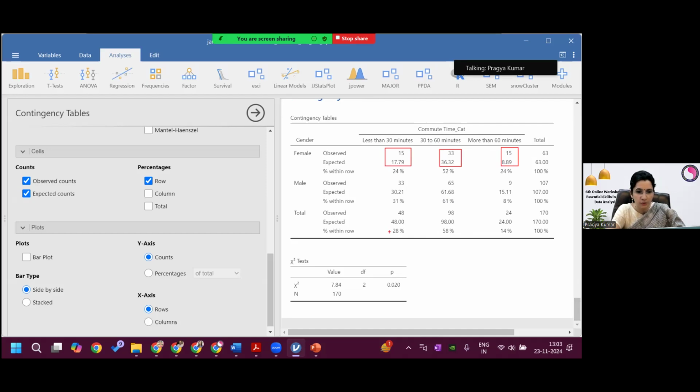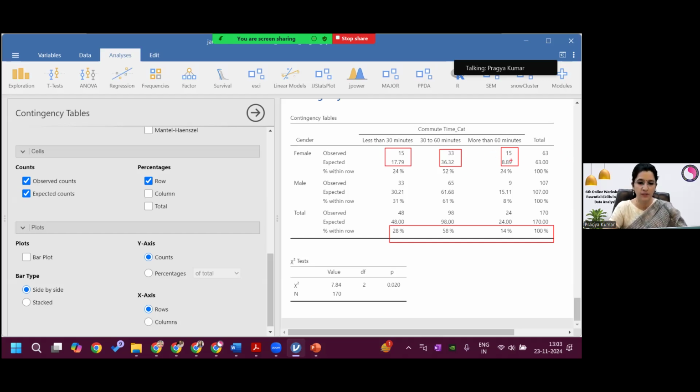And you can apply the same proportion. Let me ask you people: this was the overall proportion, so can you calculate 14% of this 63? All of you please calculate 14% of 63 and type in the chat box. Nine.